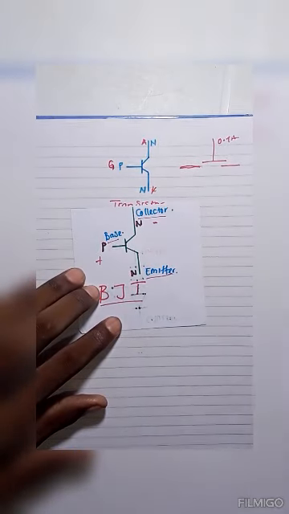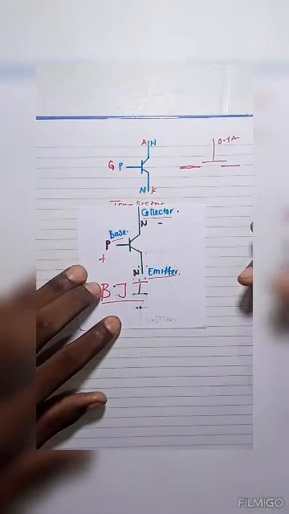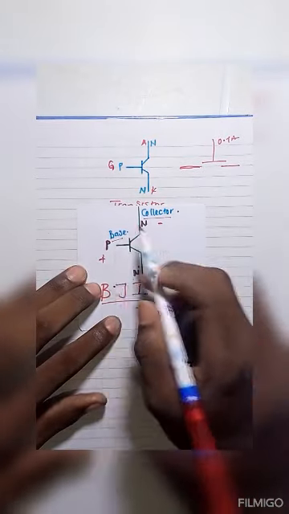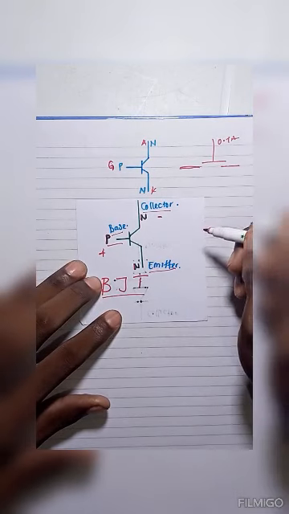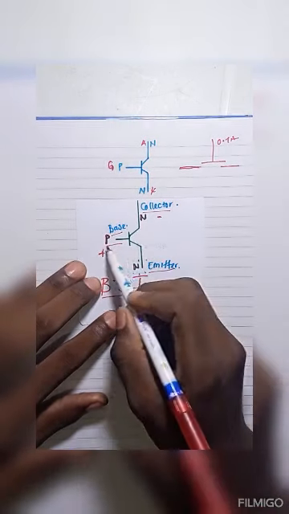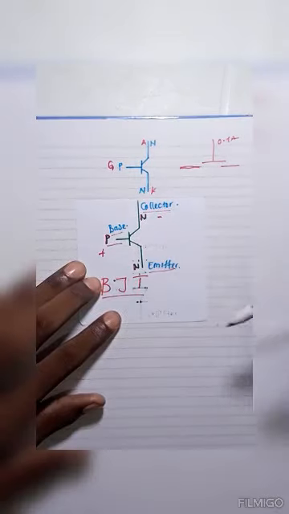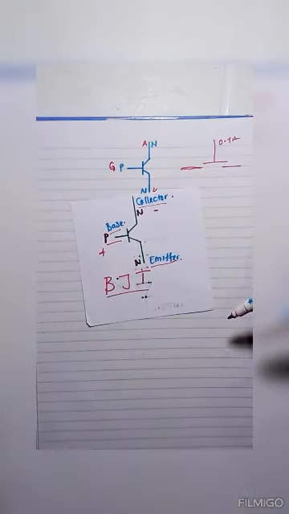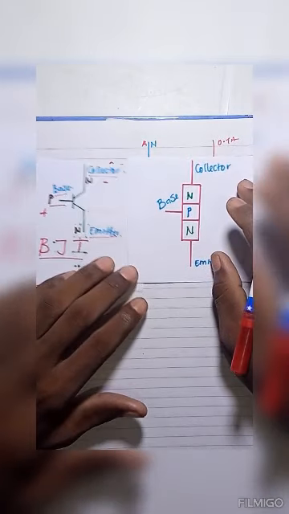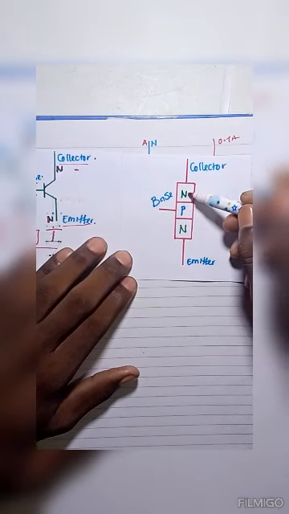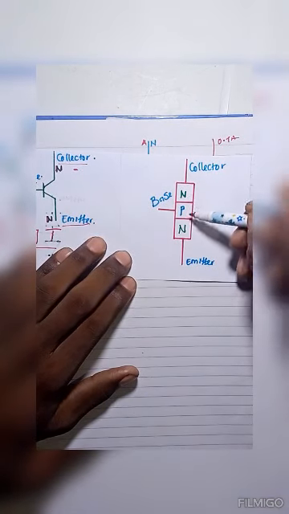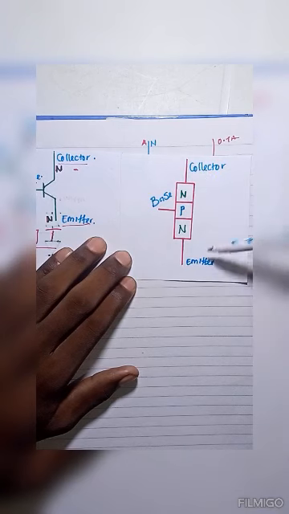It therefore means that for an NPN transistor to operate, we need to input a positive voltage in the base, while in the case of a PNP, we need to input a negative voltage in the base for it to conduct. So this is an example of an NPN transistor, a BJT transistor. Practically, this is an example. So here is the N, the P, and the N: the collector, base, and the emitter.